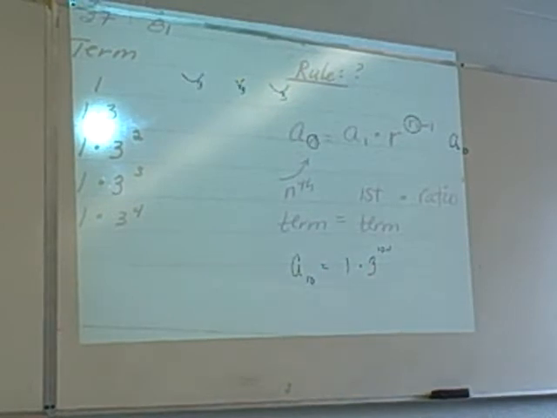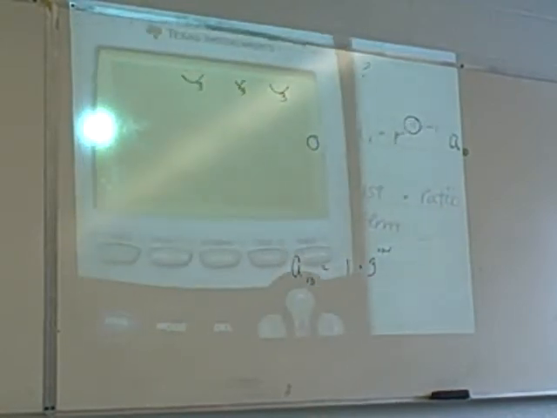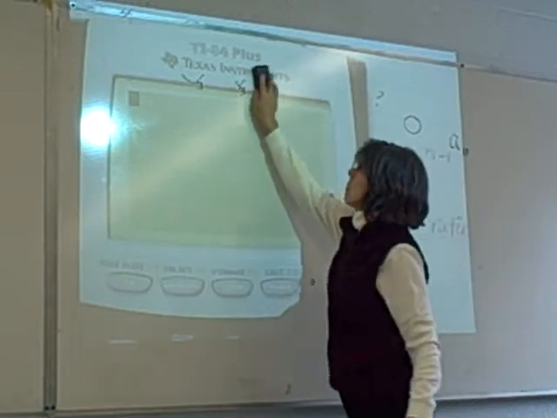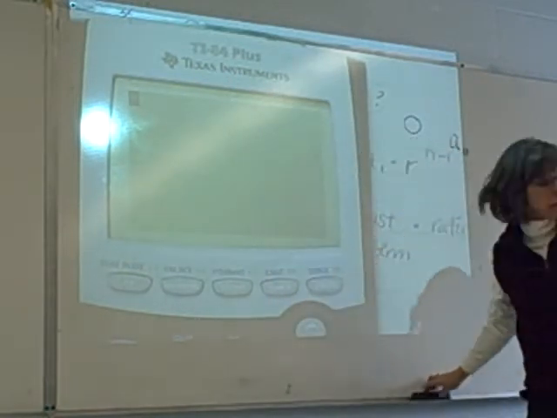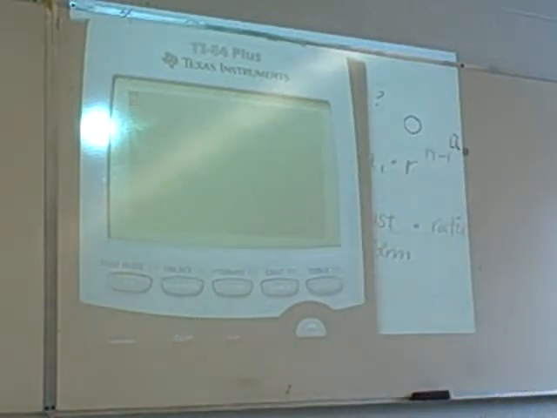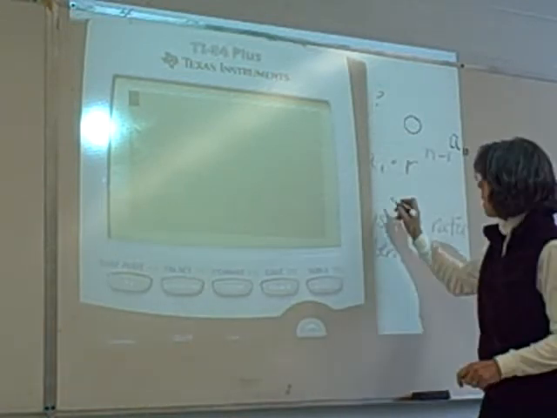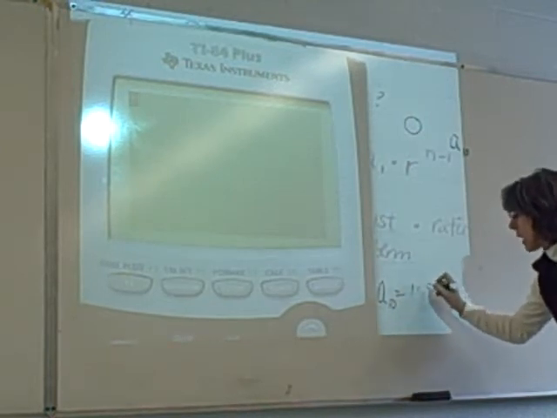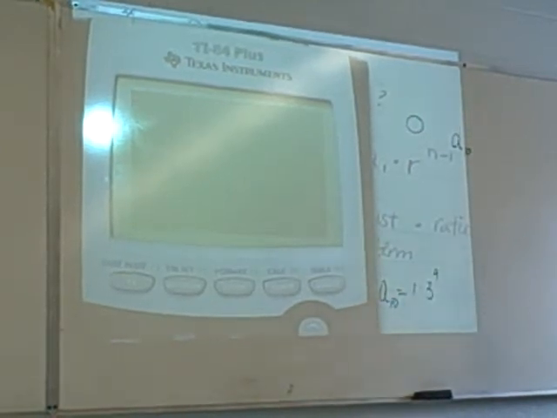Okay, so clear your screen. Okay, so we were going to do, where's my pen? I believe we were doing a to the 10th is equal to 1 times 3 to the 9th.